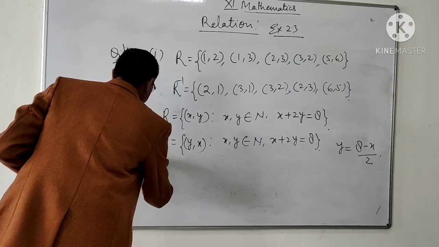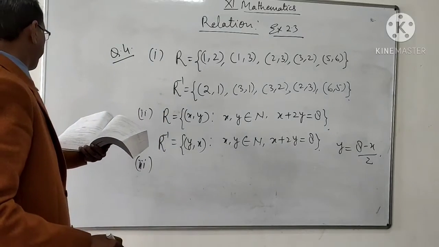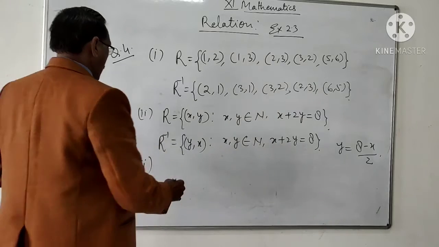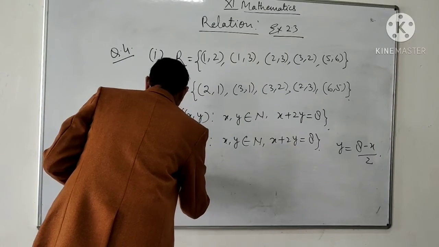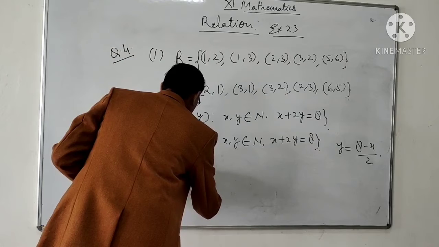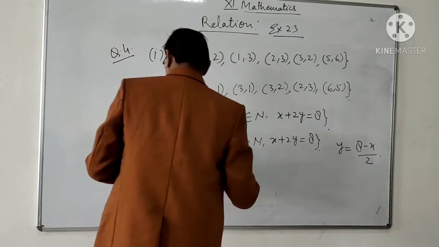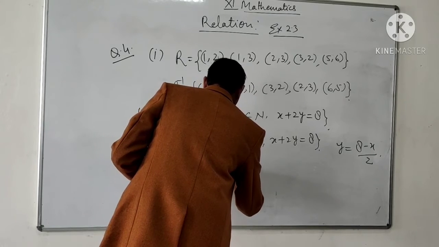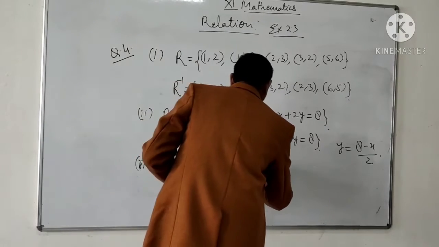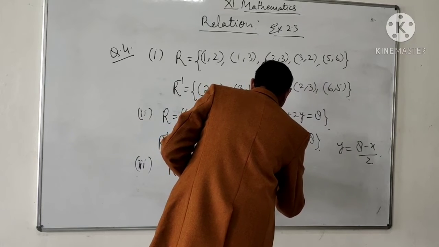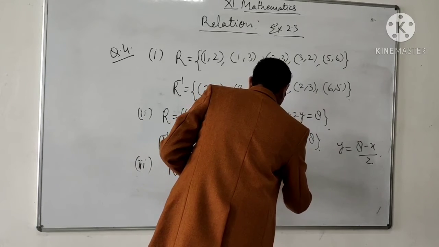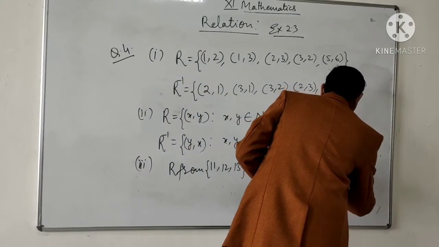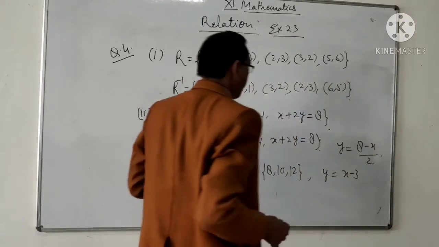The third part, R is a relation from the set 11, 12, 13 to 8, 10, 12, and it is defined as y equal to x minus 3.